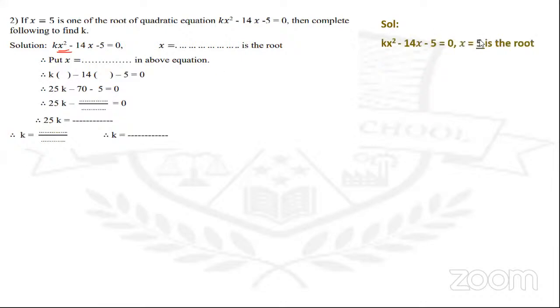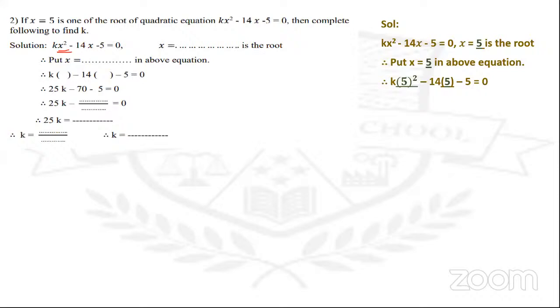So x equals 5 is the root. So in the first blank, you'll put 5. Now put x equals 5 in the above equation. They're asking you to put x equals 5. So once you put that, there are two blanks in the equation. Understand? So you're filling those blanks.